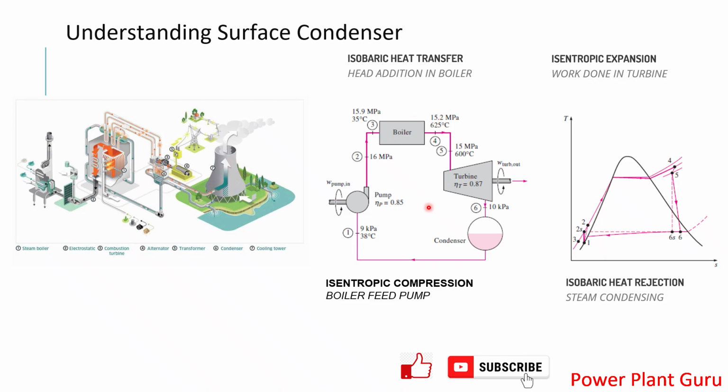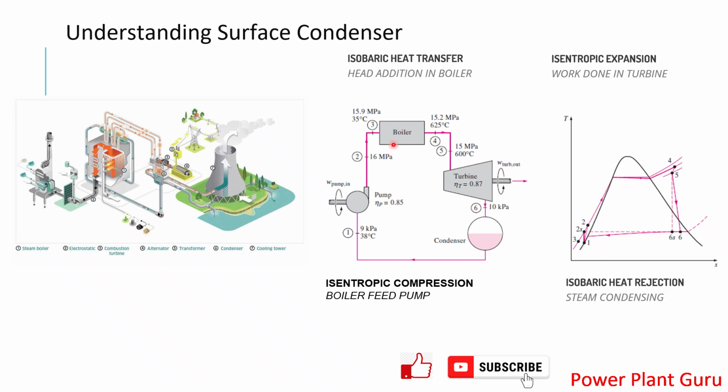And now in the diagram, if you see the boiler feed pump, it converts low pressure water to high pressure, and then in the boiler you have heat addition at a constant pressure, where pressure is high but temperature is low, enthalpy is low.